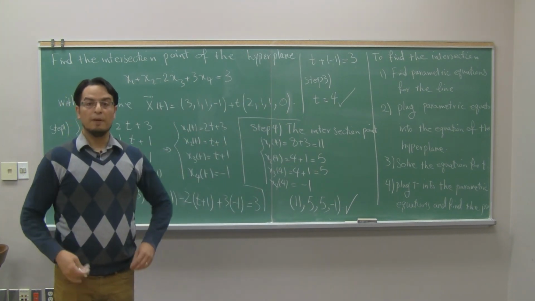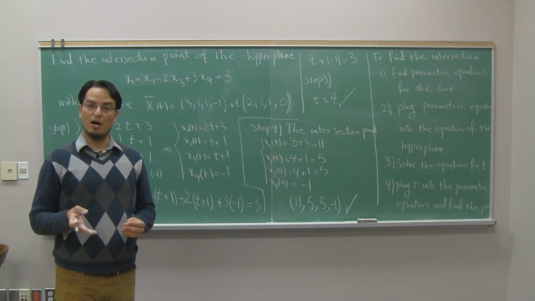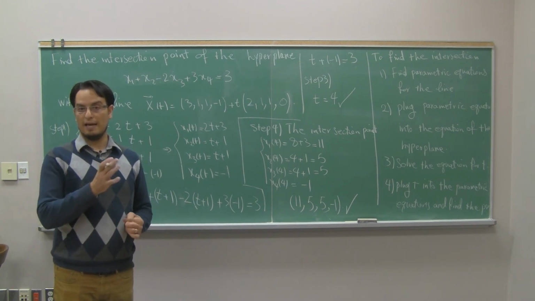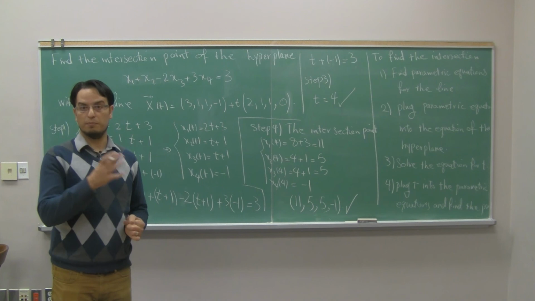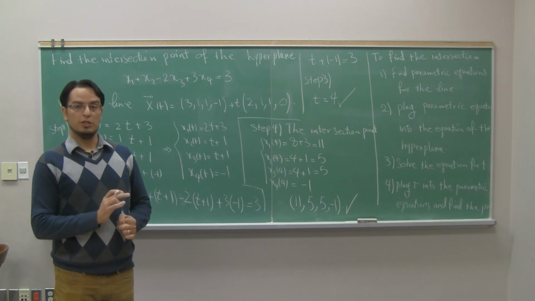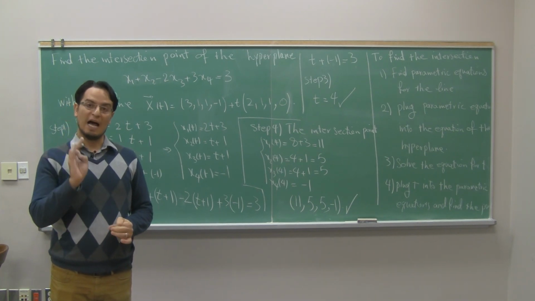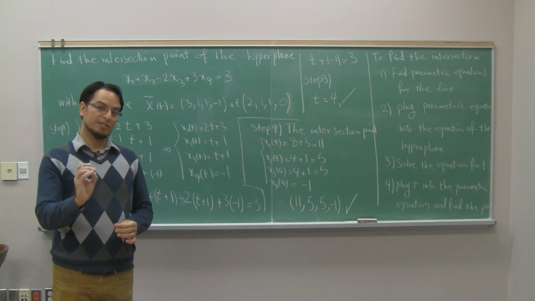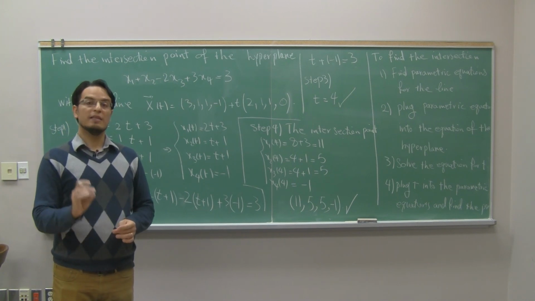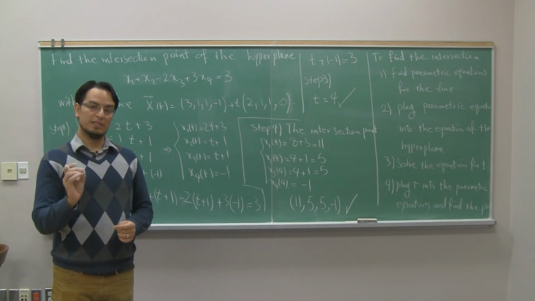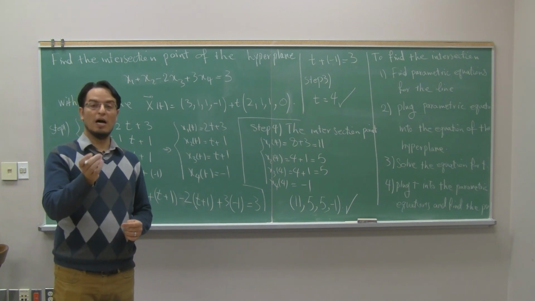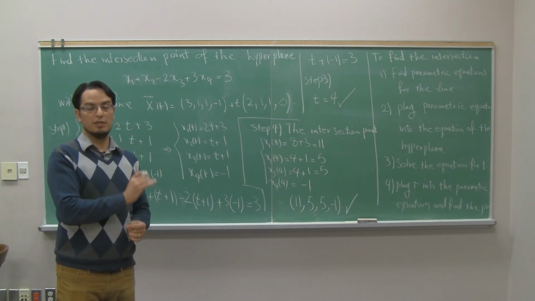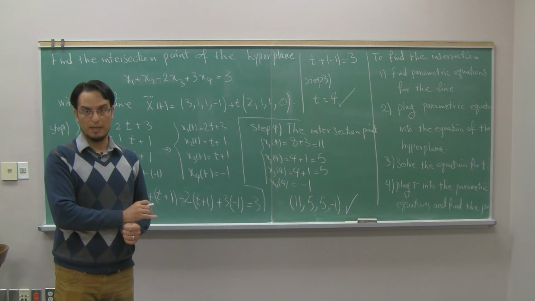Very quick wrap up. To find intersection of a line and a hyperplane or a line and plane, what you need to do is to have first parametric equations for the line. Then plug parametric equations of the line into the equation of the hyperplane.